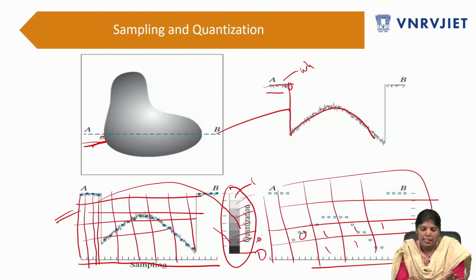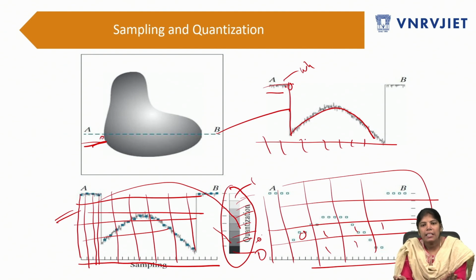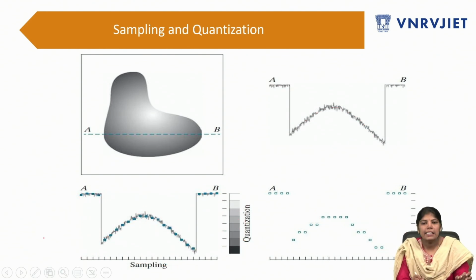This analog signal will then be divided into equal samples with respect to time. Then each sample is assigned to the pixels. We are giving some values to each and every pixel. That is the digitized format.